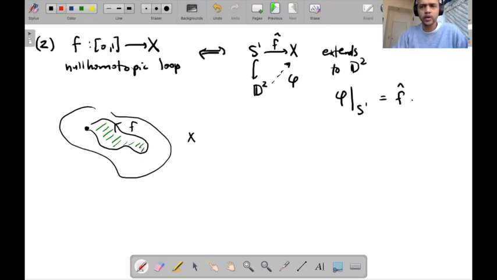And the reason why you should believe this, so, right, I guess this is the backwards direction. If f hat extends to a disk, then f should be homotopic to a constant, because then you can just sort of shrink f along small loops here. So this is at least the idea.